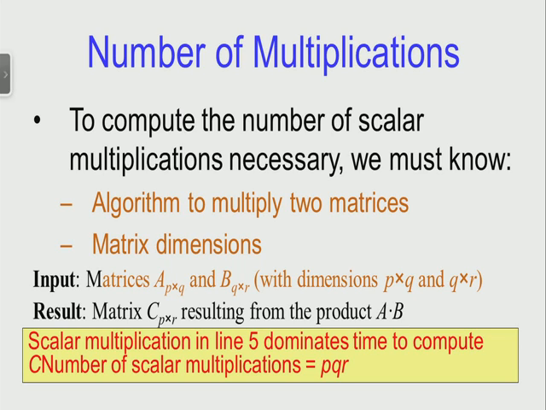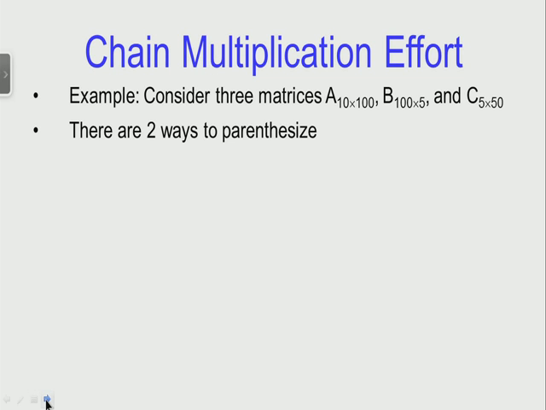It is clear that the total number of scalar multiplications that need to be performed is P multiplied by Q multiplied by R. How does this affect the behavior of chain matrix multiplication?